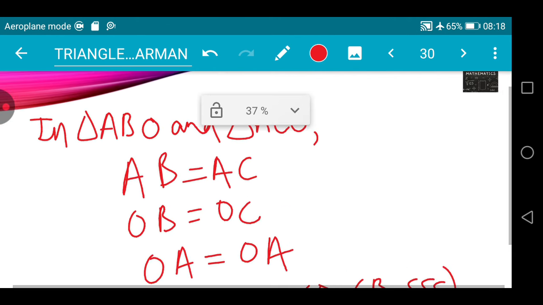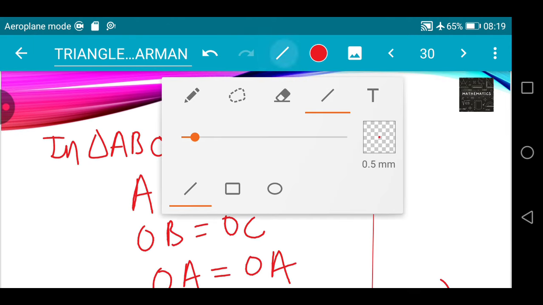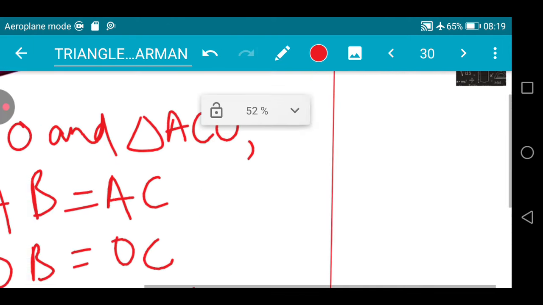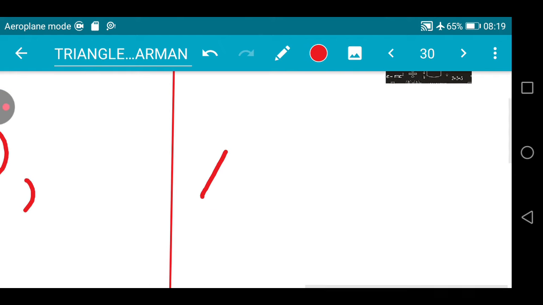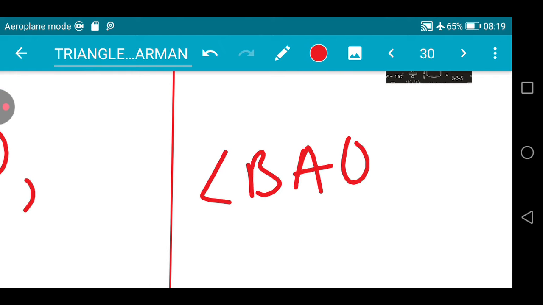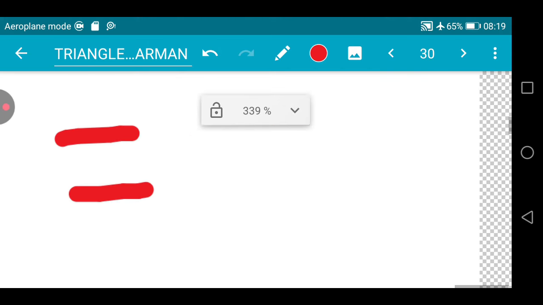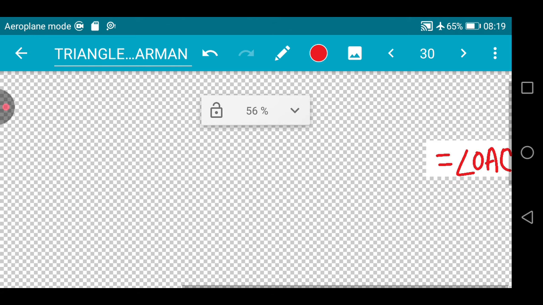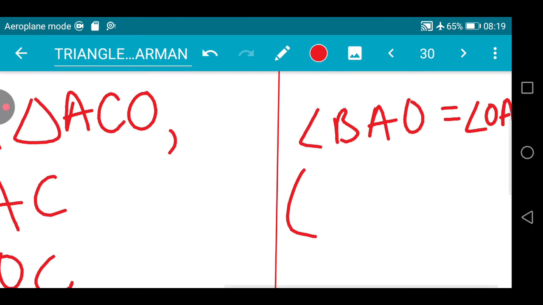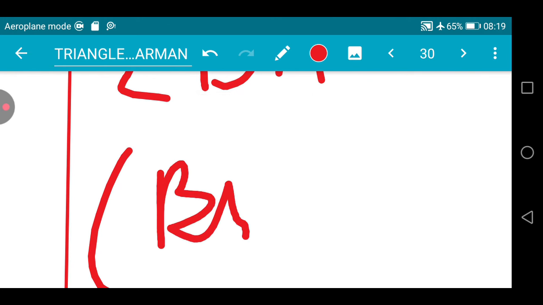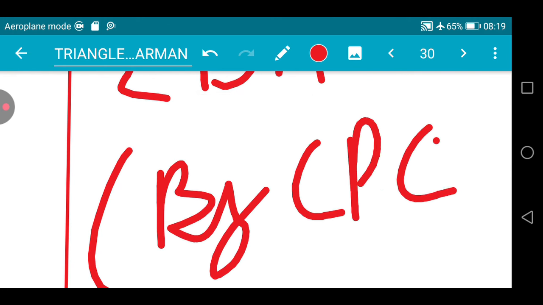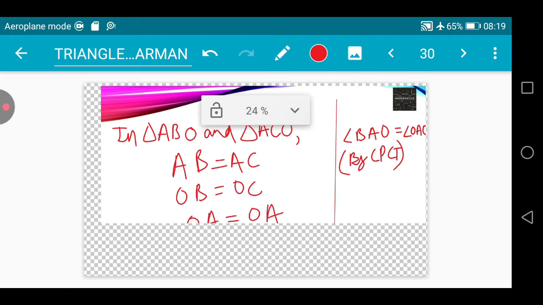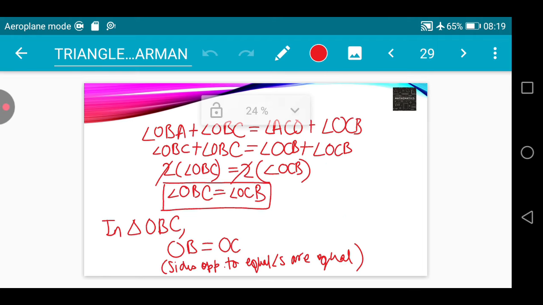So now angle BAO will be equal to angle OAC by CPCT. In this way I have done the question.